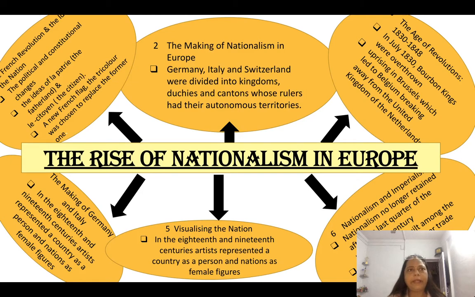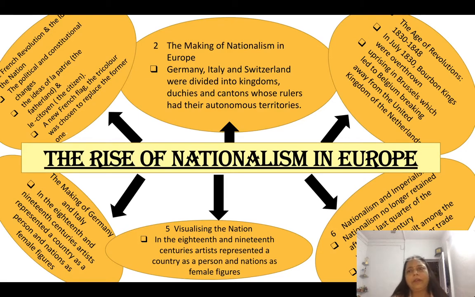The next subheading you need to understand is the age of revolutions. Many revolutions took place. As I said, nationalism was not the outcome of one day. The age of revolutions you have to study from 1830 to 1848, when many kings were ruling in different parts of Europe, in different countries of Europe, and their thrones were overthrown.